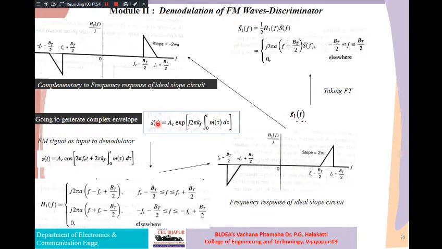S hyphen of t is applied as input to the slope circuit, and its output we are getting is S1 hyphen of t. Now let us see what else it will contain.